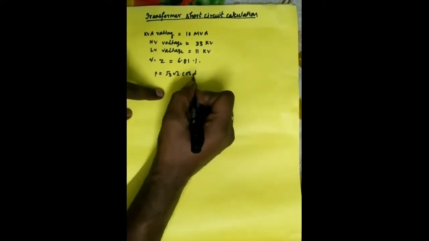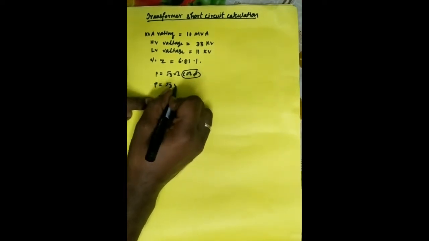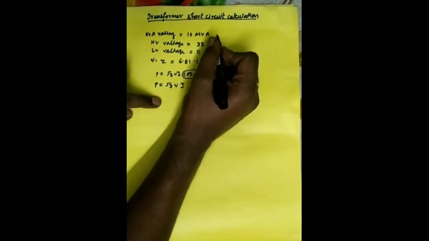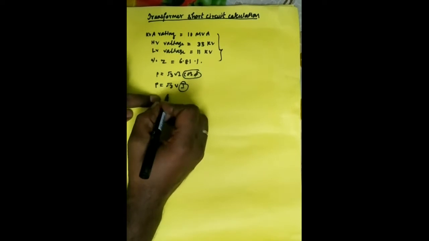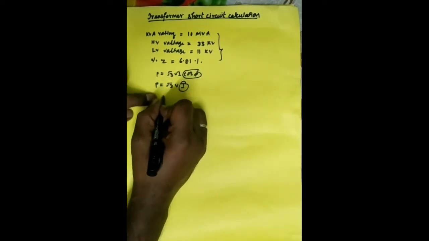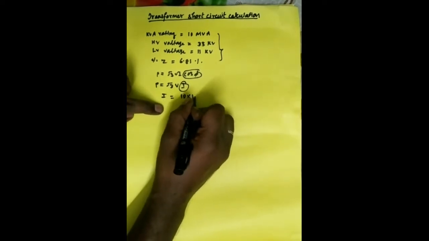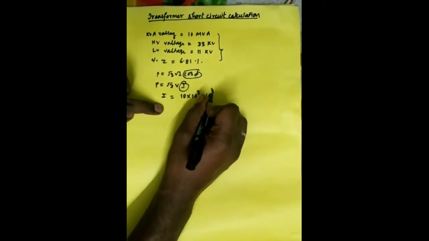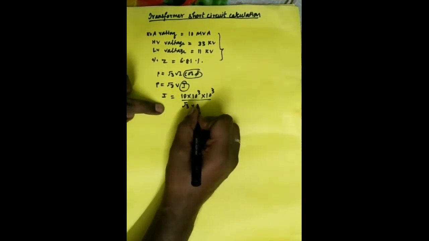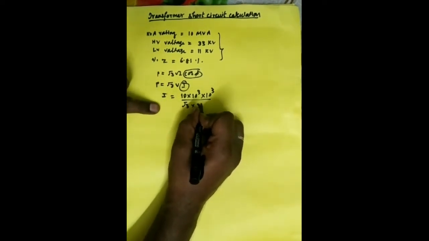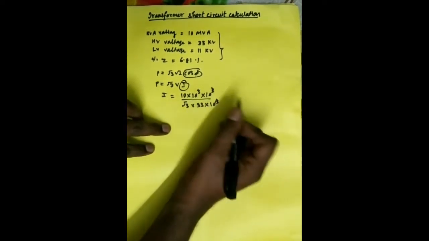supply. Since power factor is not considered in the transformer, it will be P equal to root 3 VI. Here from the given nameplate details we don't know the current, so we know the power. So if you substitute it in the formula, I equal to 10 MVA, 10 into 10 to the power of 3 into 10 to the power of 3, total 10 to the power of 6, divided by root 3 into V, 33 kV, into 10 to the power of 3, 33,000, which this cancels.